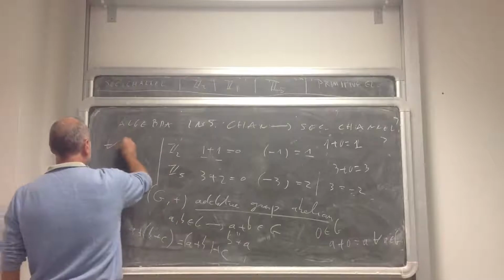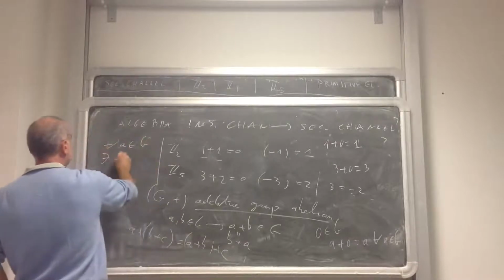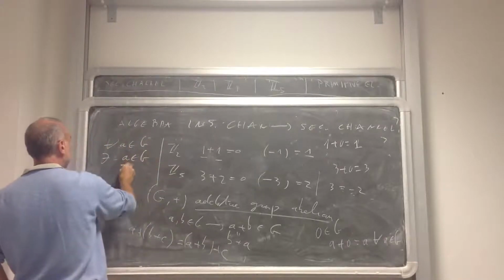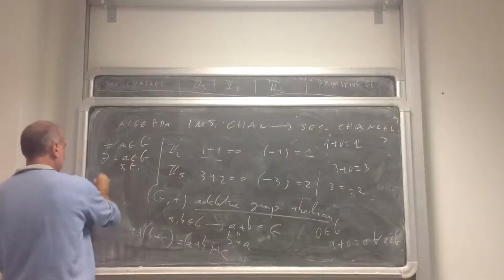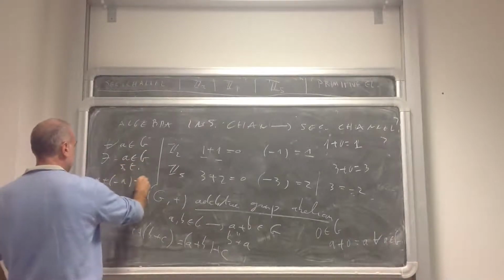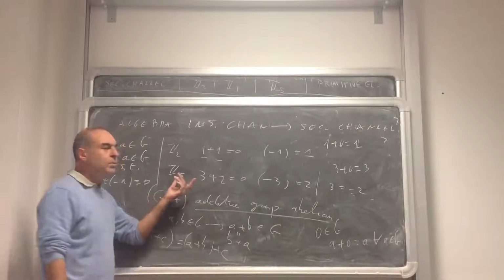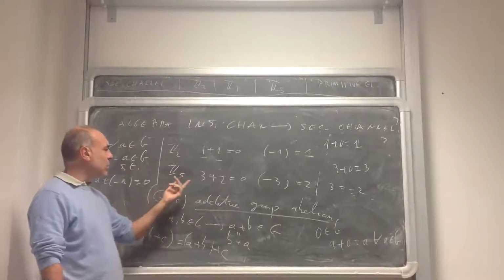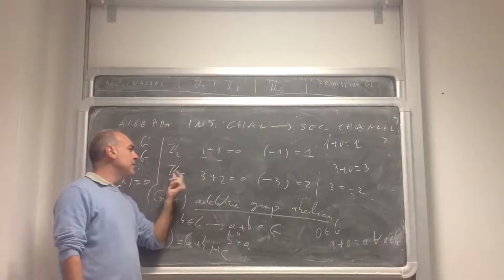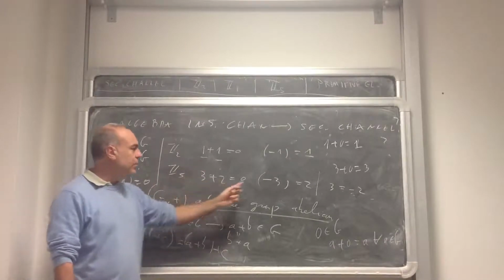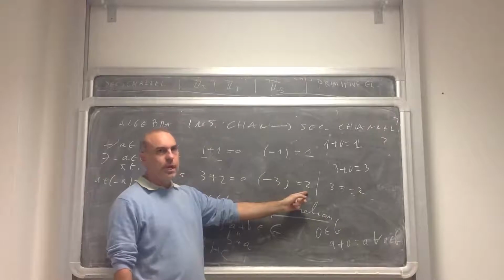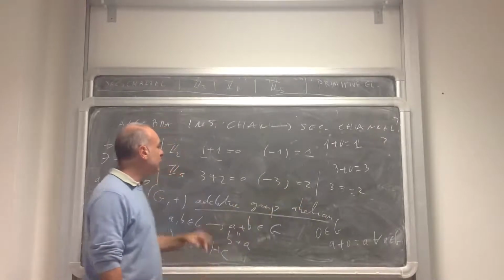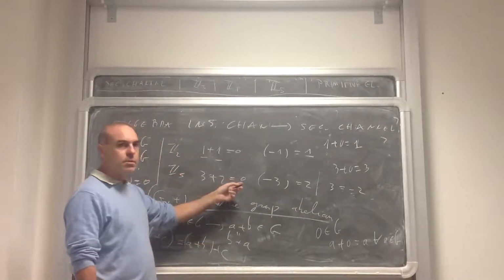So for any A in G, there is minus A in G, such that A plus minus A is 0. And we see this happen in Z5 and in Z2. It's not obvious that 3 has an inverse in Z5, but it has. The additive inverse of 3 is 2, because 3 plus 2 is 0.